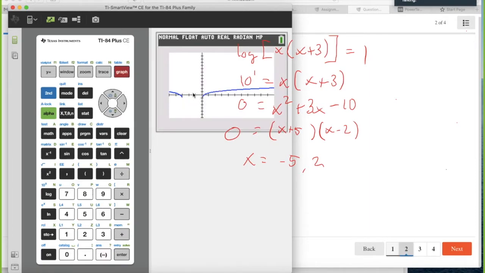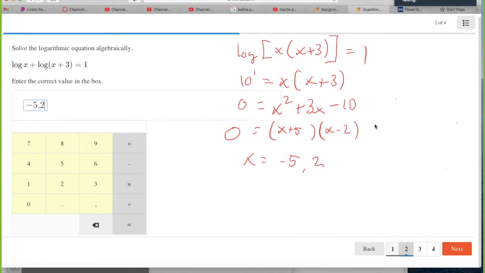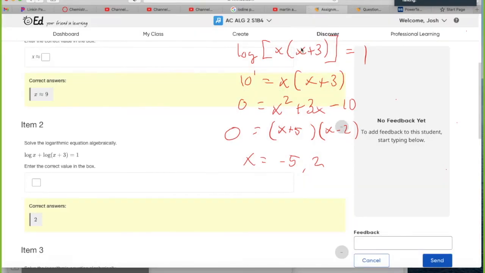Yeah, so see how it breaks here, and there would be an asymptote here. So -5 is out. So I remember the book saying at one point, make sure you always double check and replug your answers in. That's why. So the answer for this one is just 2.